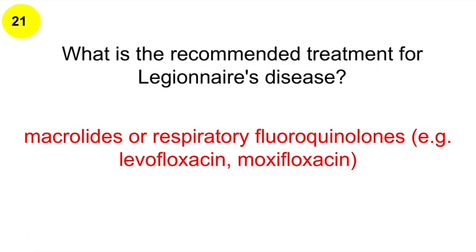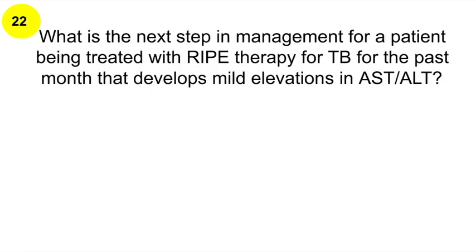What is the next step in management for a patient being treated with RIPE therapy for TB for the past month that develops mild elevations in AST and ALT? Continue with current treatment and monitor the LFTs.